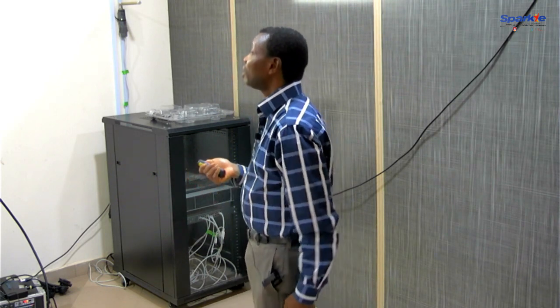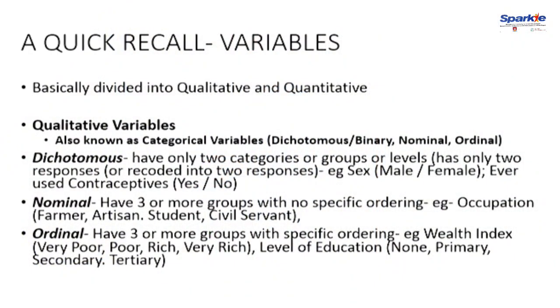Okay. Nominal has 3 or more groups with no specific ordering, like occupation. No specific ordering. Why are we saying no specific ordering? You cannot say, okay, I'm going to put farmer as 1, and somebody says, because you're putting farmer as 1, it must be the very first one.